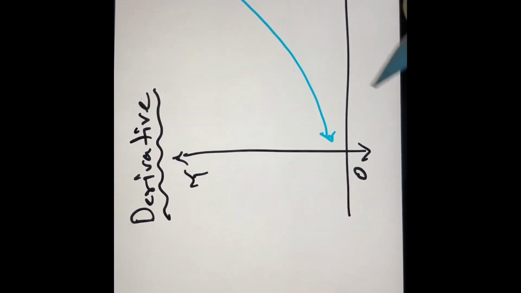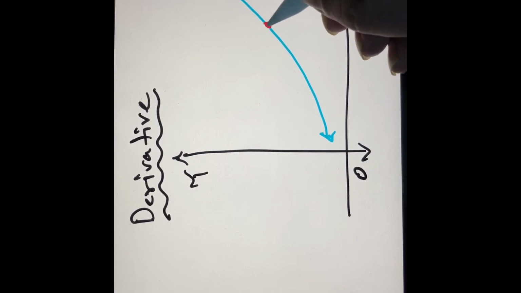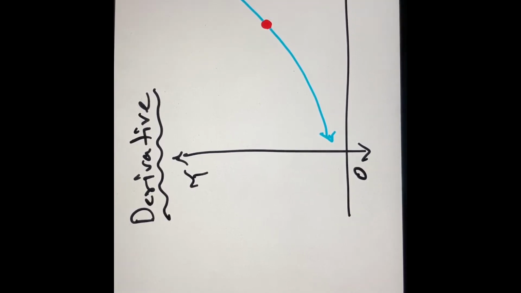So let's say I want to find out the slope of this curve at this specific point. Okay, so how can I find out slope of this curve at this specific point? All right, so you may be wondering, well, if you want to calculate the slope, you need actually 2 points.